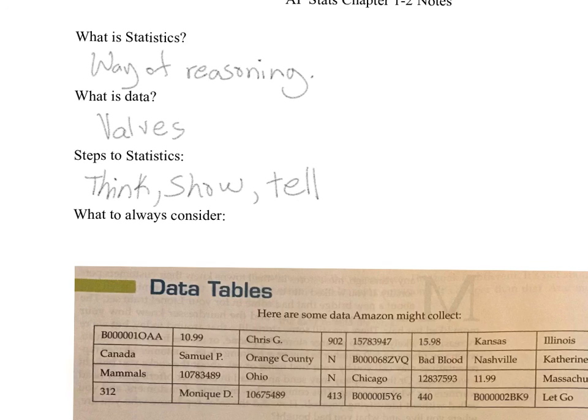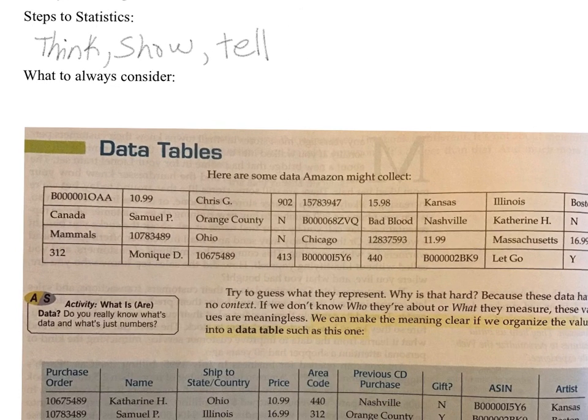So let's look at this first chart here, these first data tables here. Notice the first table on top. The information there doesn't really make sense. Notice the first column that I circle here in red. Chris, Orange County, Ohio. Random number, what does that mean?